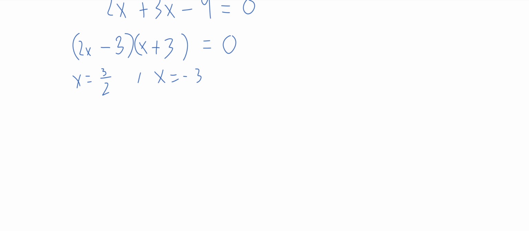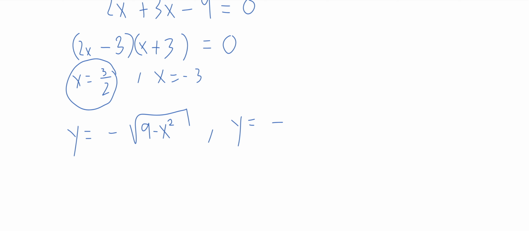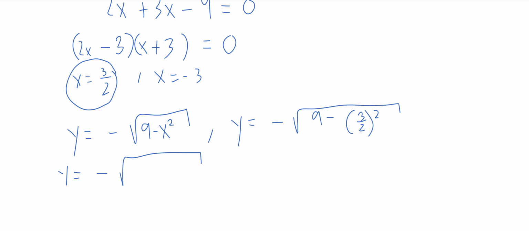Okay. So x is 3 over 2, and we're using y equals minus square root of 9 minus x squared. So that means y equals negative square root of 9 minus 3 over 2 squared. So y is the negative square root of 9 minus 9 over 4.